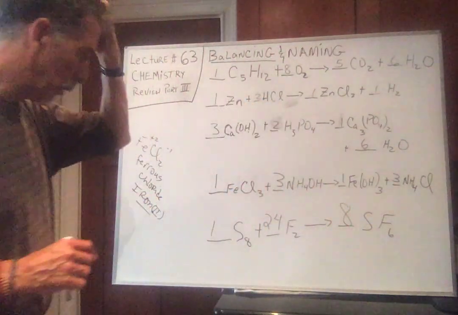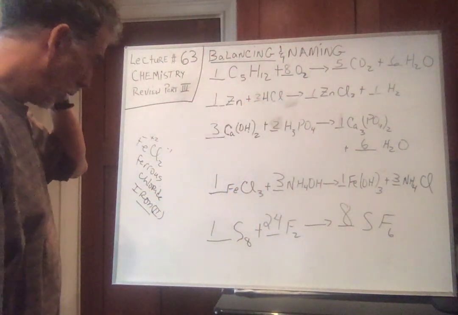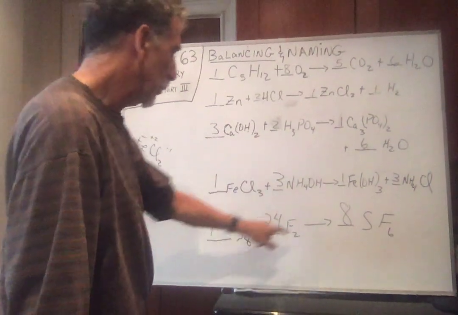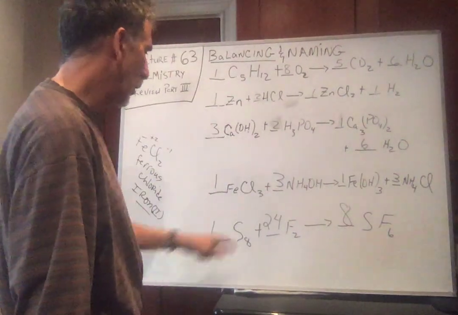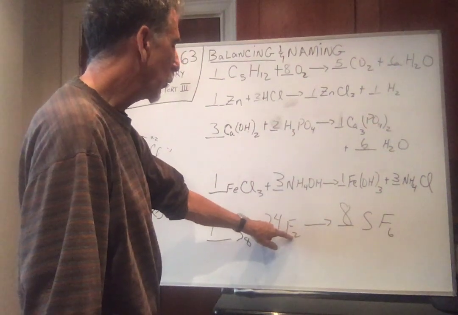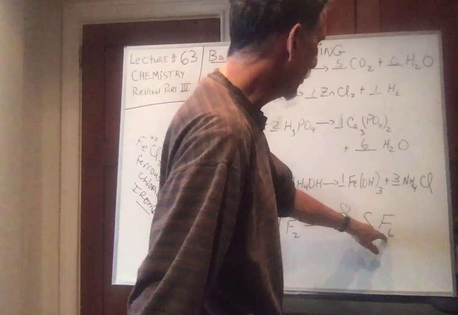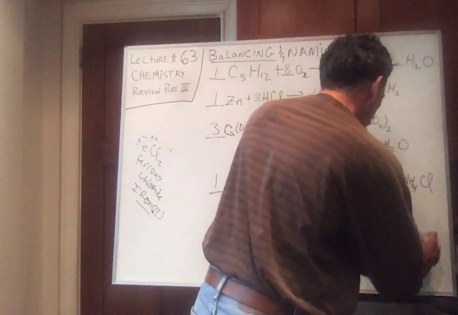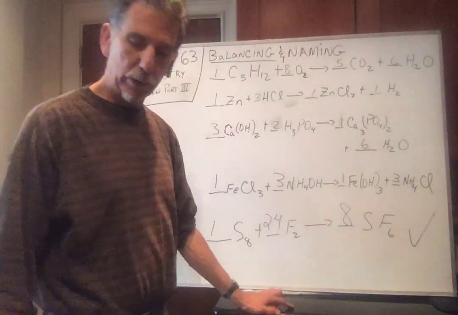Tell me if that works. Eight sulfurs. 24 times 2 is 48 fluorines. 8 times 6 is 48. Oh, I got through the balancing today.